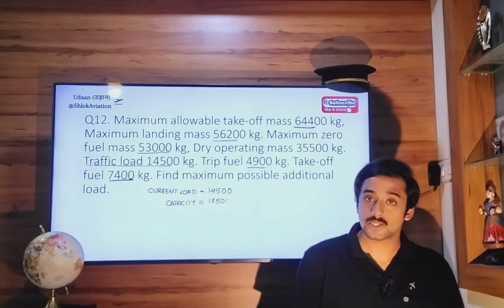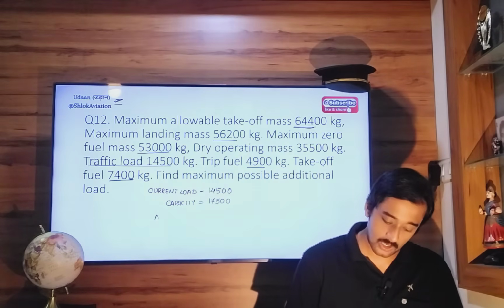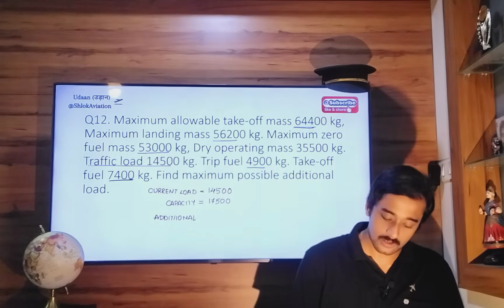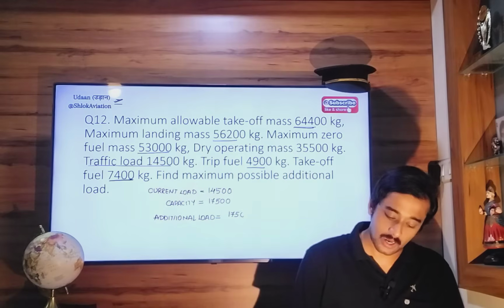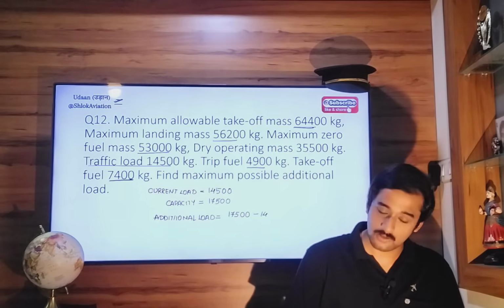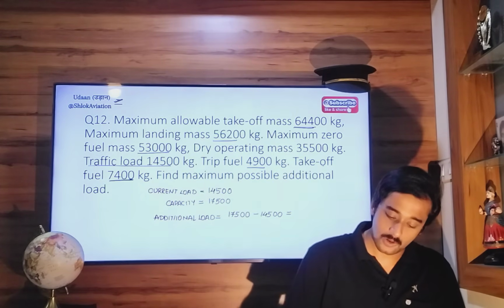So that means there is space for an additional load of 17,500 minus 14,500, which is equal to 3,000 kg.